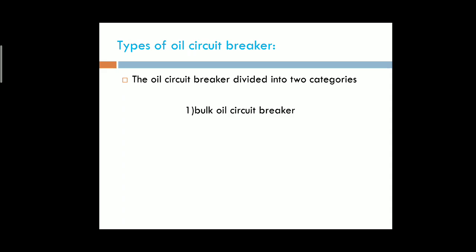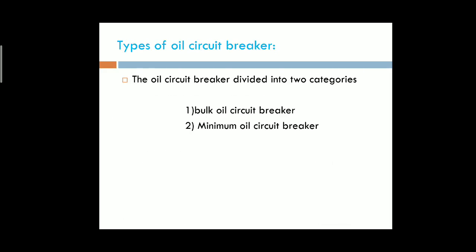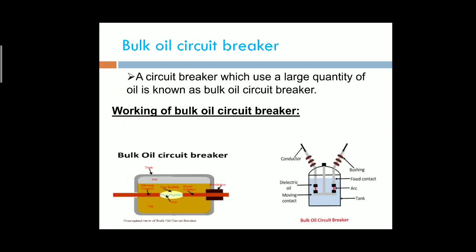Depending upon the usage of the oil, they are classified into two types: the bulk oil circuit breaker and the minimum oil circuit breaker.